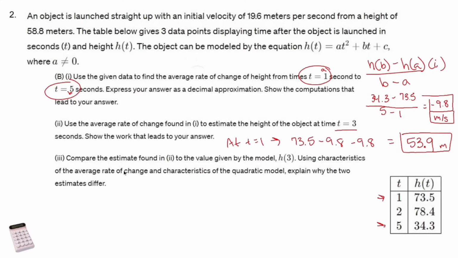All right, so what I did using the graphing calculator is I found out that the actual picture looks like this. Okay, by finding the average rate of change, it only assumes that that's what we're dealing with. So the way that we're going to describe this is h of 3 is actually equal to 73.5. Okay, but the estimate we found was, what was it, 53.9?